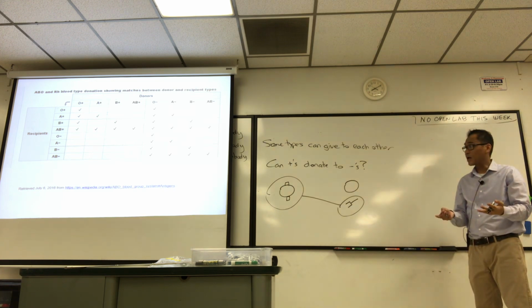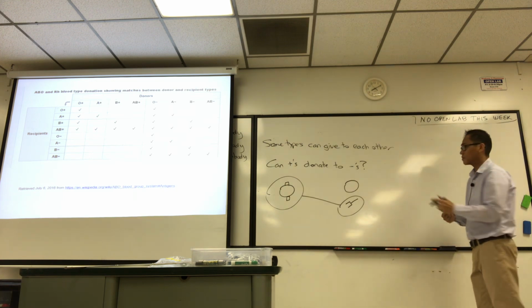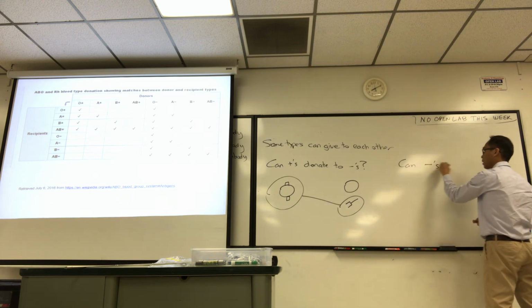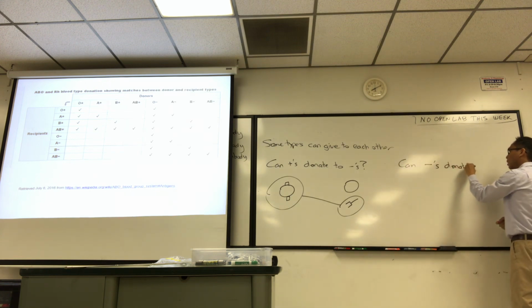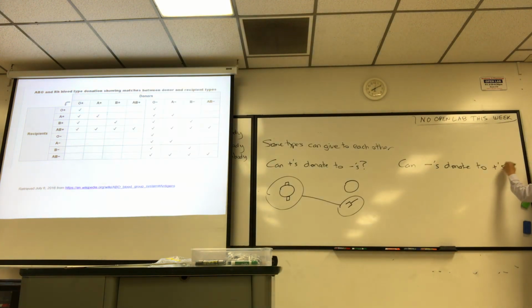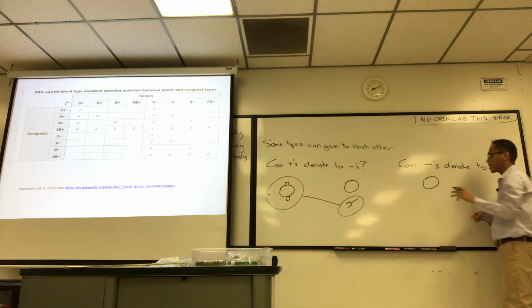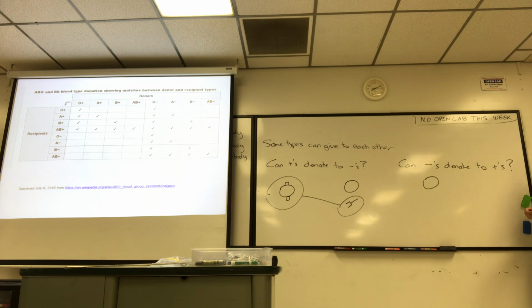So let me ask the question again. Can negatives donate to positives? And it's always the same logic. If you're negative, just for RH, not considering the ABO system, do you have the squares? No, you don't.